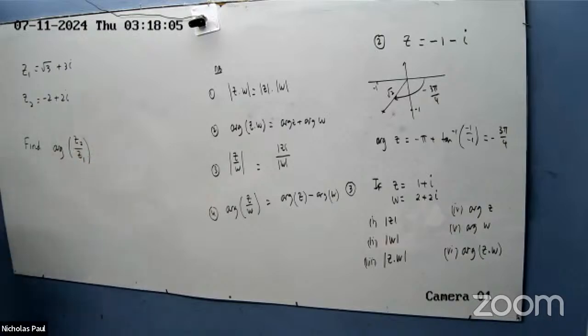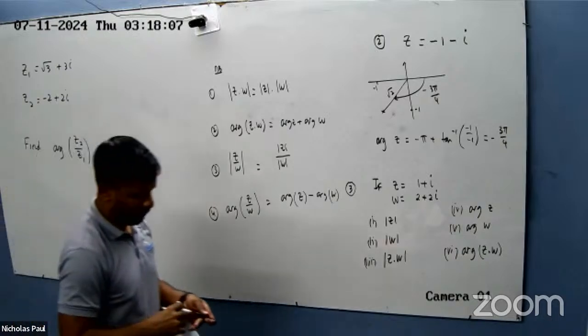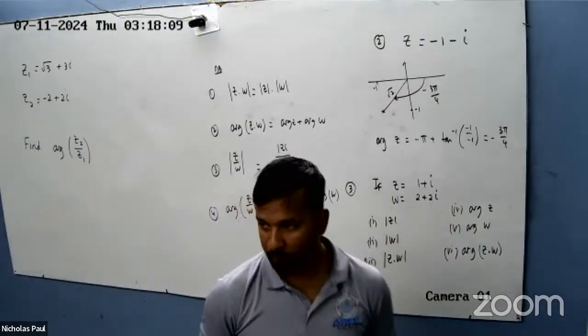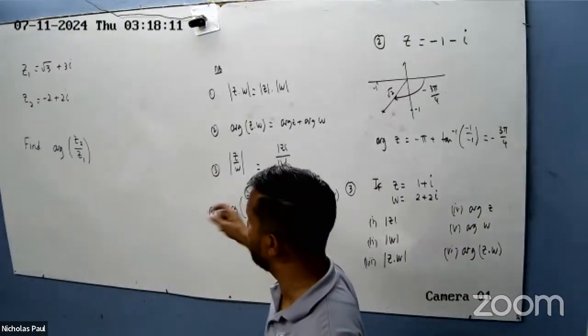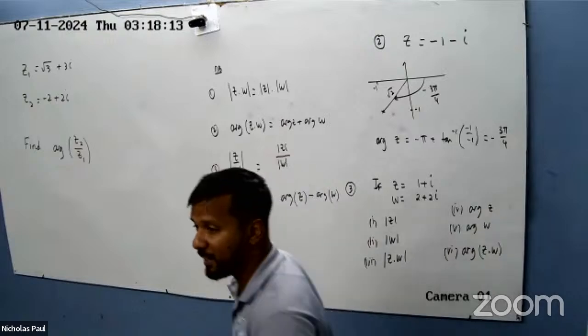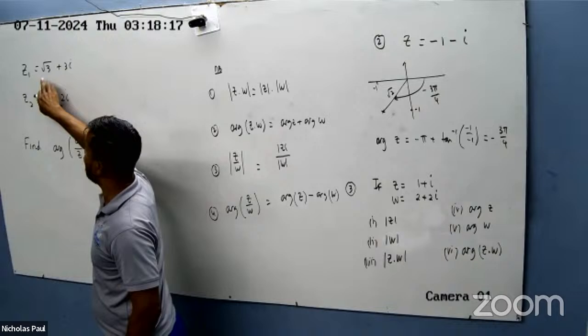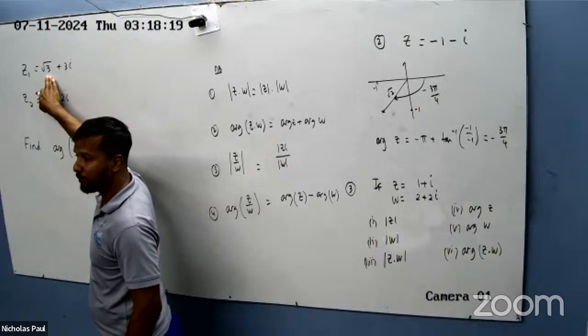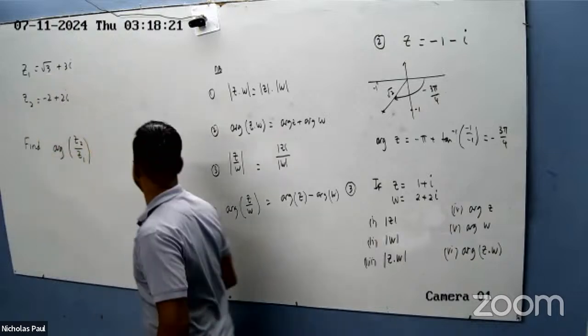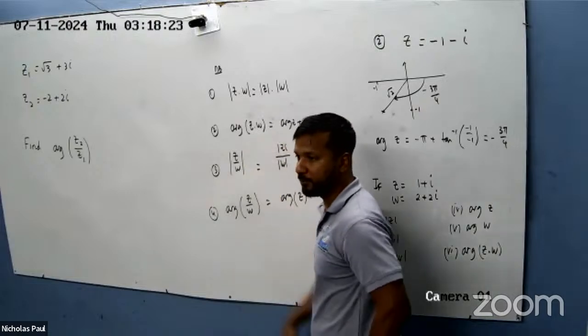Find the argument of z2 and z1 here. Please use the rule, don't go and divide it out, right? So you recognize what will happen here? If you have to divide two of them, the chance is it becomes a root something. Right? So that's why the rule is much easier.